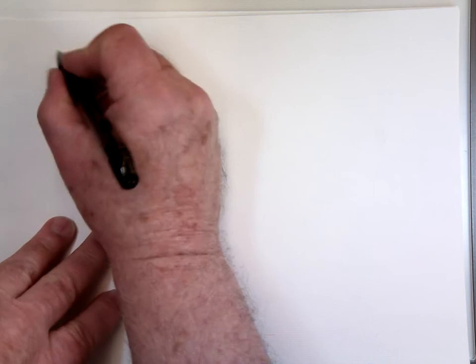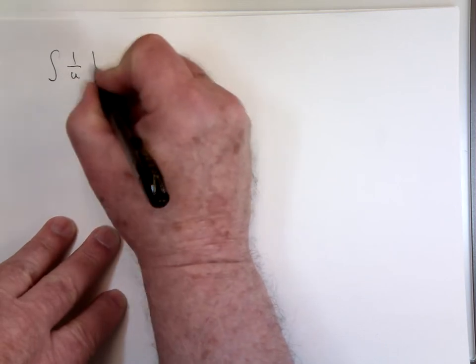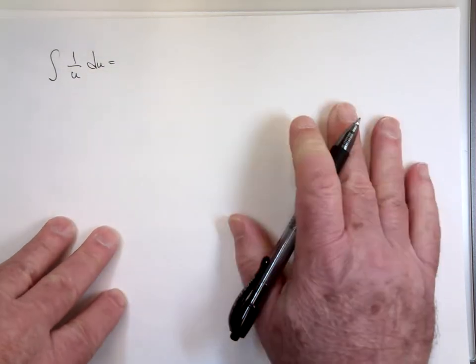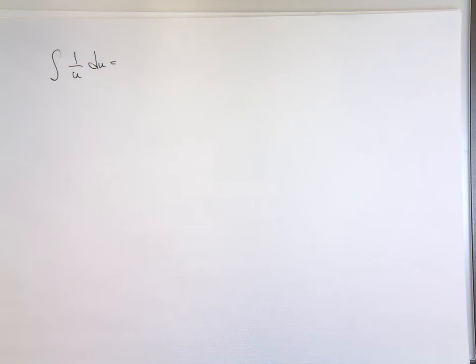Alrighty. Let's go on. We need to derive a couple more integration rules, and we're going to use the integral that we already have, 1 over u du. This is now 5.7.